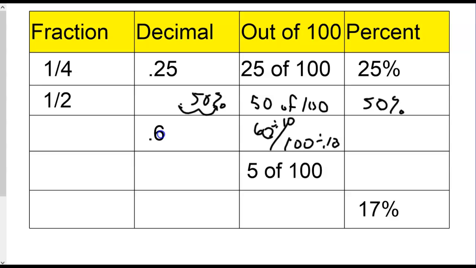And so 60 divided by 10 is 6, 100 divided by 10 is 10. Reduces further by dividing it by 2, divided by 2, and we end up with 3 over 5. And so 3/5 will now go over to here, and 3/5 is our fraction.